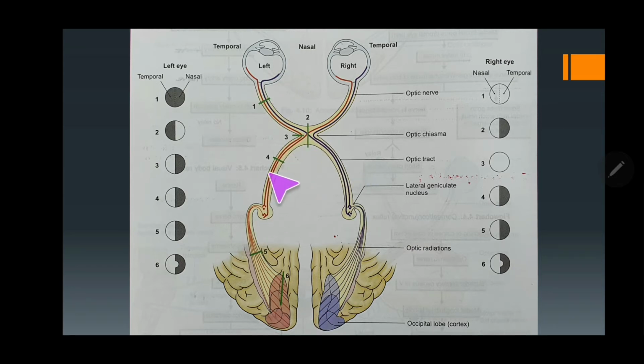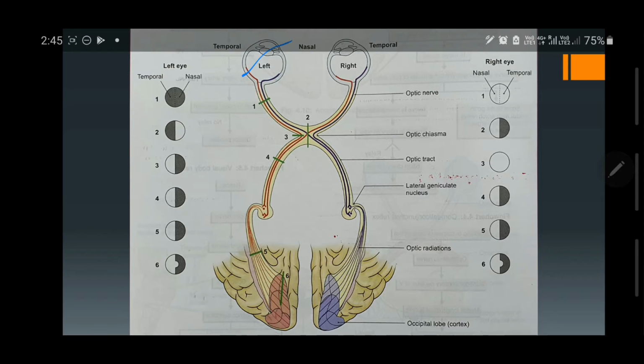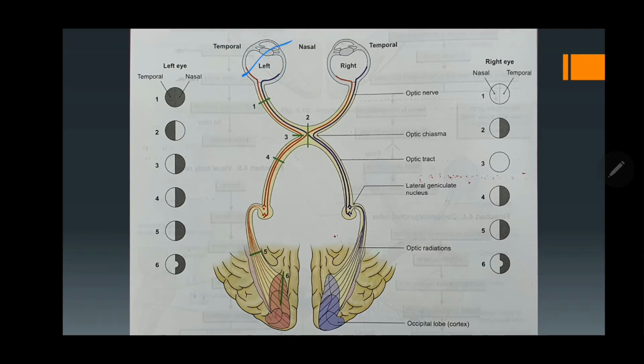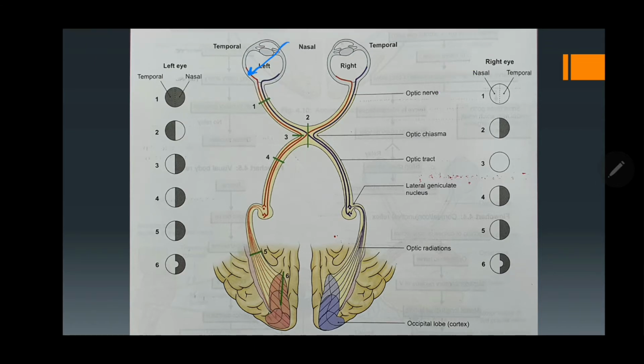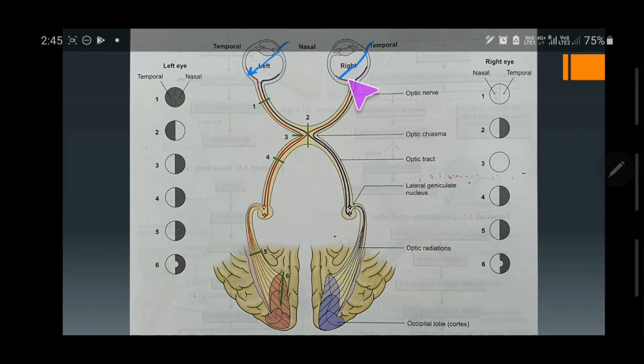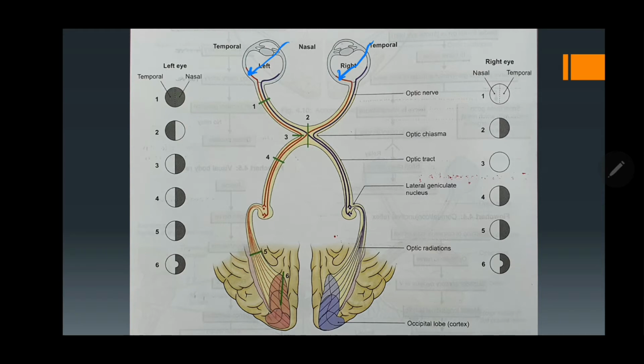So in the optic tract of one side, you are actually seeing the images of the opposite half of the visual field, right? So the image on this part of the retina will be coming from this half of the visual field. Similarly, here the images will be striking from this part of the visual field.